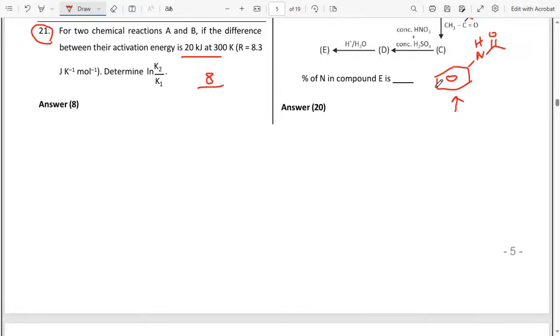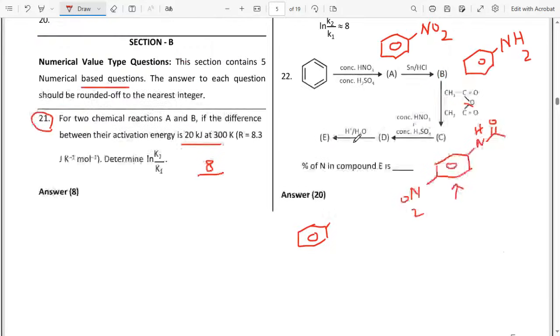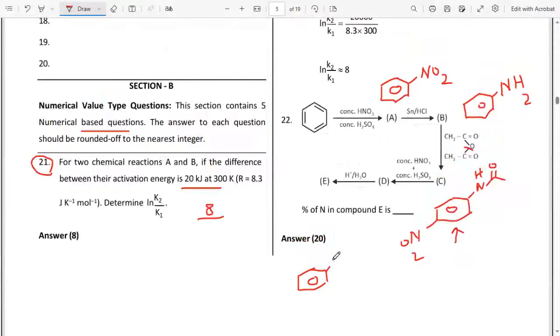So now it is going to attack onto para position, and now upon acid hydrolysis it is going to give this compound. What you are going to get? It is NH2, this acetyl group is going to be removed.